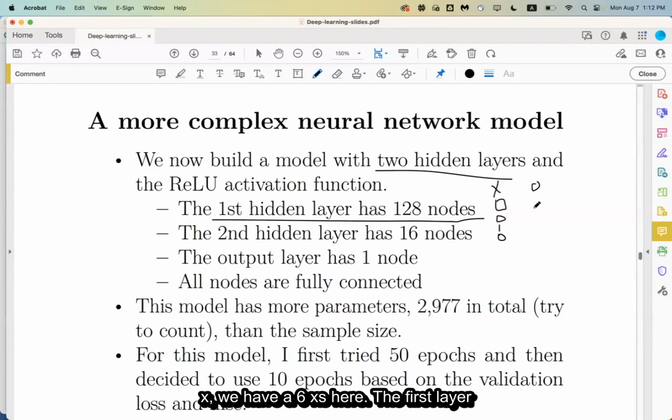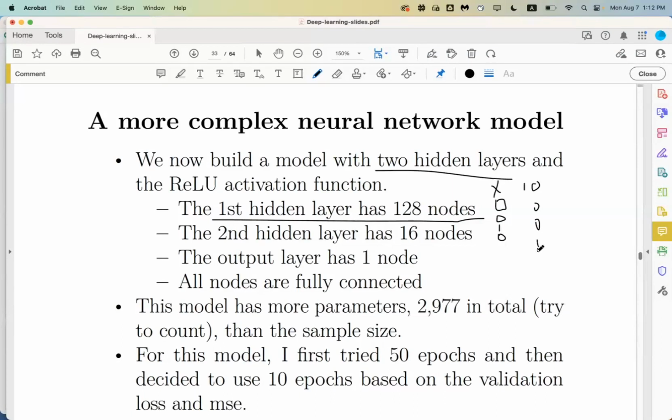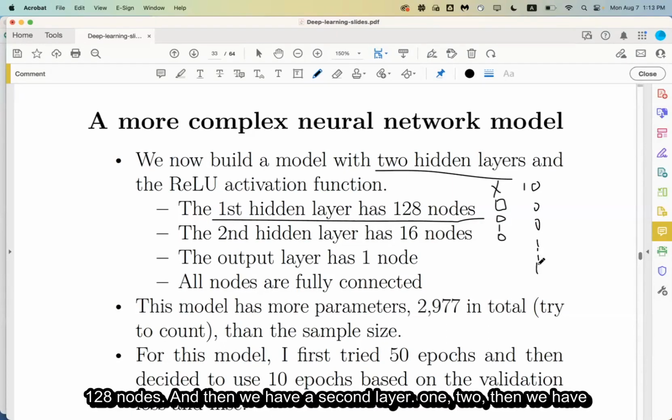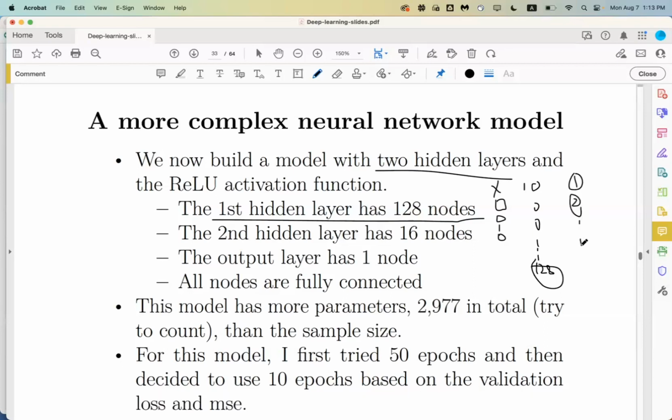The first layer, we have 128 nodes. And then we have the second layer, 16 nodes here. Right? And then we have output.